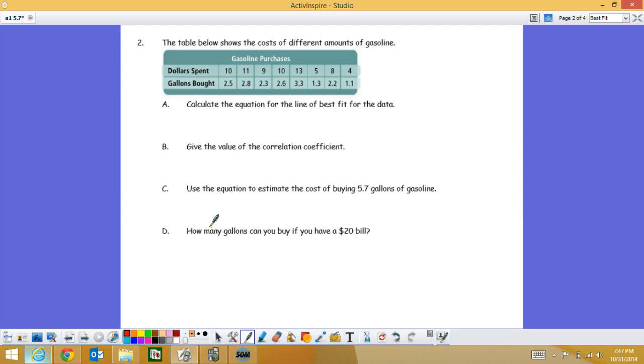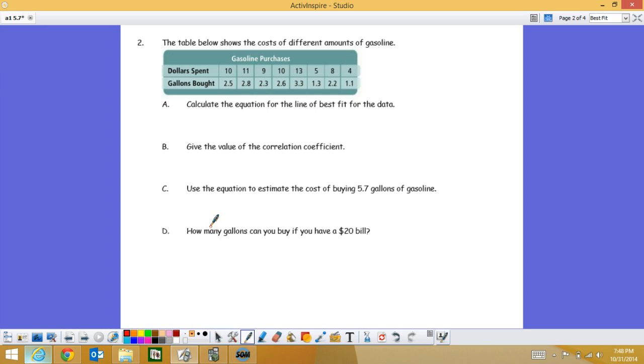In the second example, we have a table that relates the dollars spent for gasoline purchases to the amounts of gasoline bought. Again, we ask ourselves, does how many gallons we buy depend upon how much we spend, or does how much we spend depend upon how many gallons we buy?